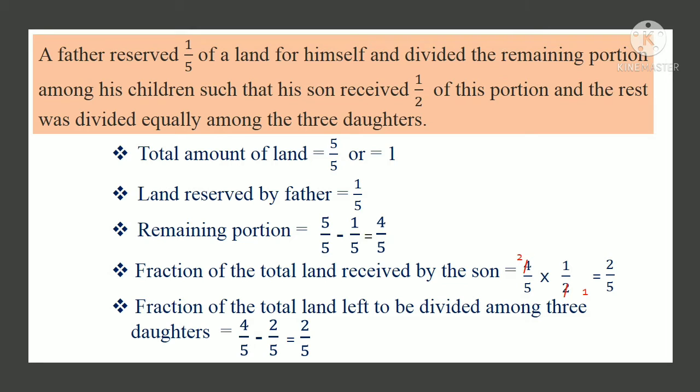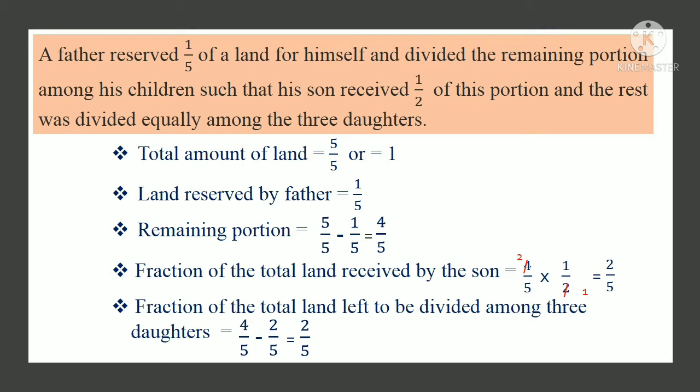Then what is the numerator? 2 times 1. Then the fraction of land received by son. That is the answer. How much? 2 upon 5. Okay, children, did you get the idea?